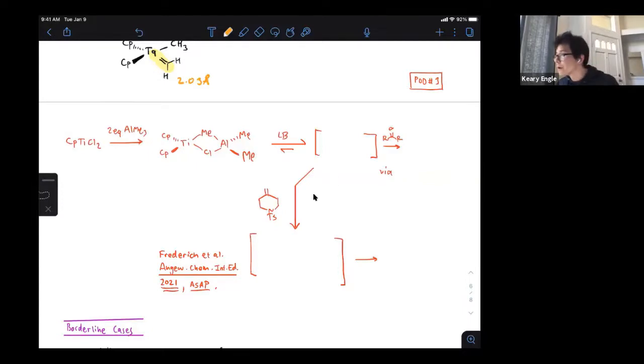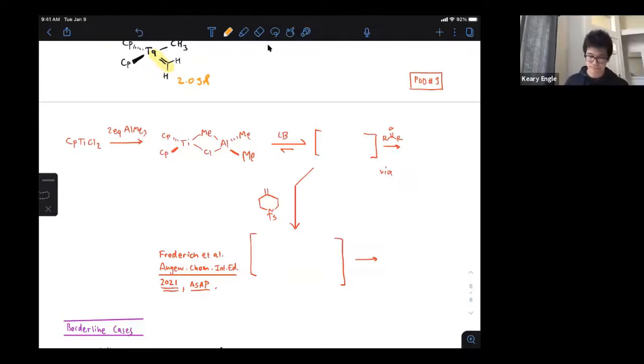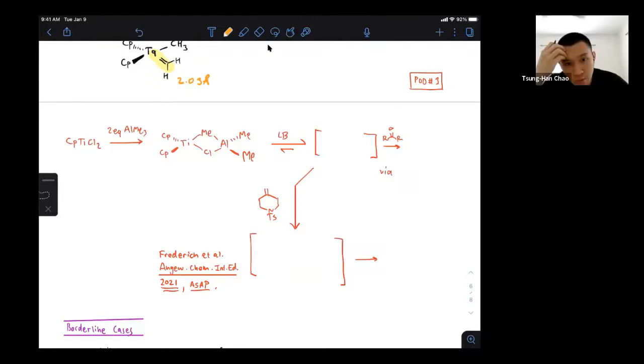Seung-Han, are you there? Yeah. Okay, walk us through what might happen here. I guess the THF and pyridine will exchange the ligand on the metal. Okay.